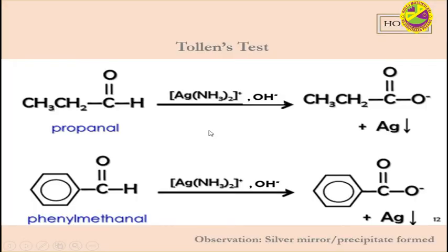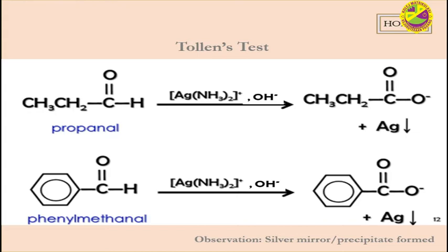If we see the equation for Tollens' test, if it is a positive test, which means there is an aldehyde, the Tollens' reagents are silver ammonium and OH-.